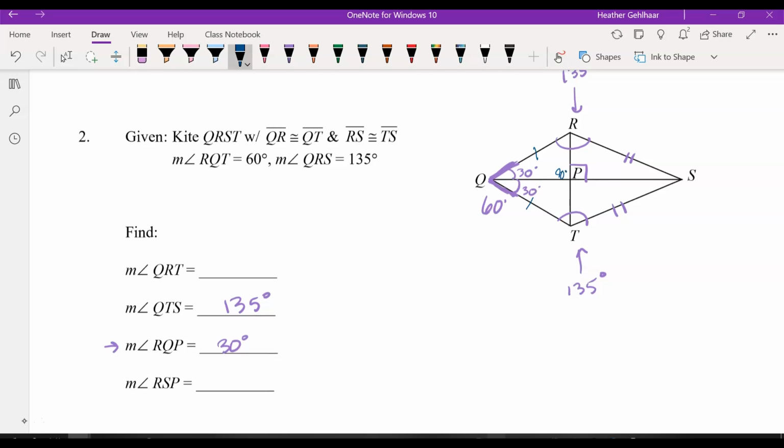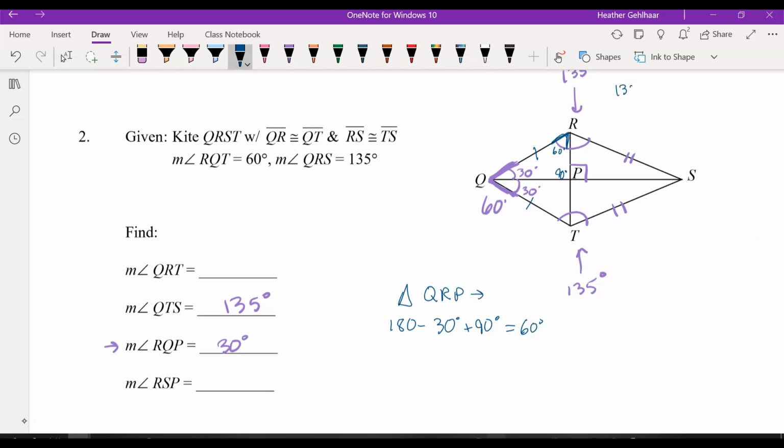If we look at triangle QRP, we know that one angle is 30 degrees plus the other angle is 90 degrees. If we do 180 minus those angles, we get this part of this angle here, which is 60 degrees.